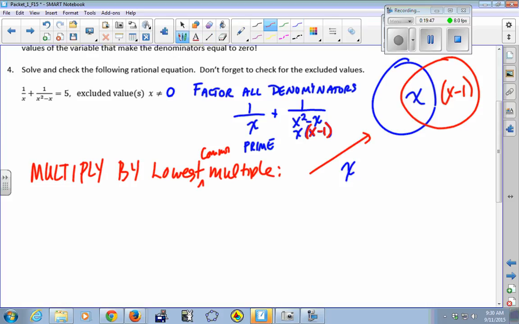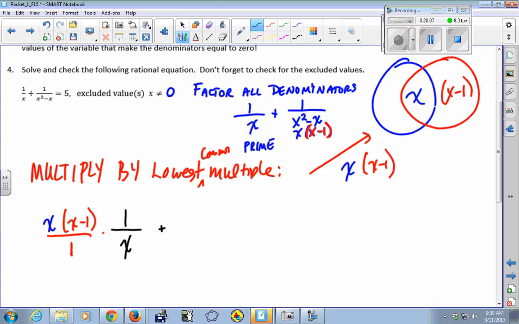X times x minus 1. So that's what I'm going to do. Here we go, and I've got to keep changing my colors. I'm going to multiply this first fraction by x times x minus 1. Notice that denominator is 1. And I'm going to multiply it by 1 over x.